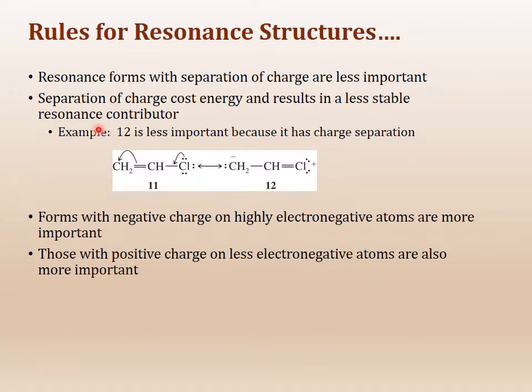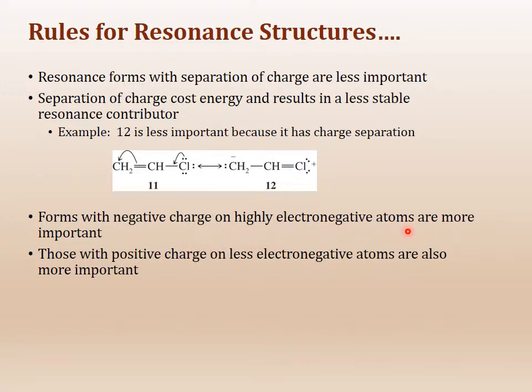And then in these cases where separation of charge happens, which we saw in the previous slide also, whenever there is a charge separation, those structures are not very good structures, again because of the number of bonds present. In this case 11 is going to be a lot more contributing structure than structure number 12. And again, as I was saying before, negative charges should be more on the electronegative elements.